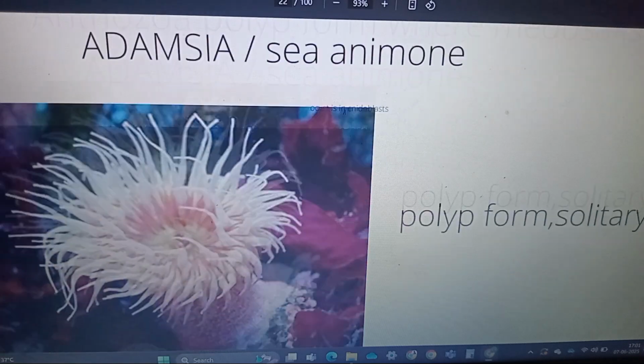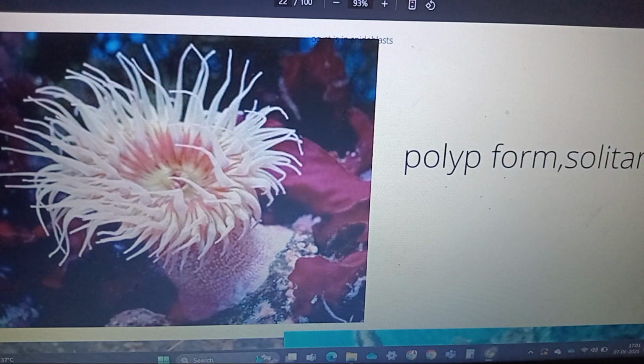Second example of the polyp form is the sea anemone, also called Adamsia. Here also it is sessile and the mouth is at the top.